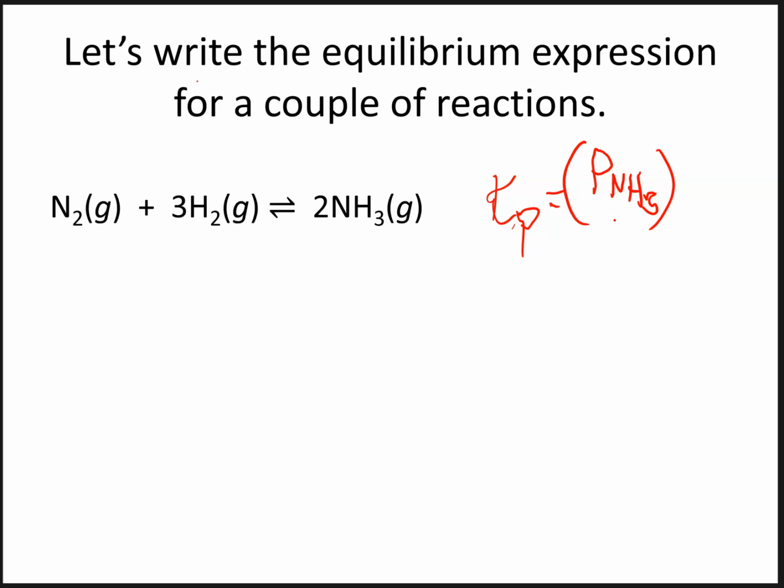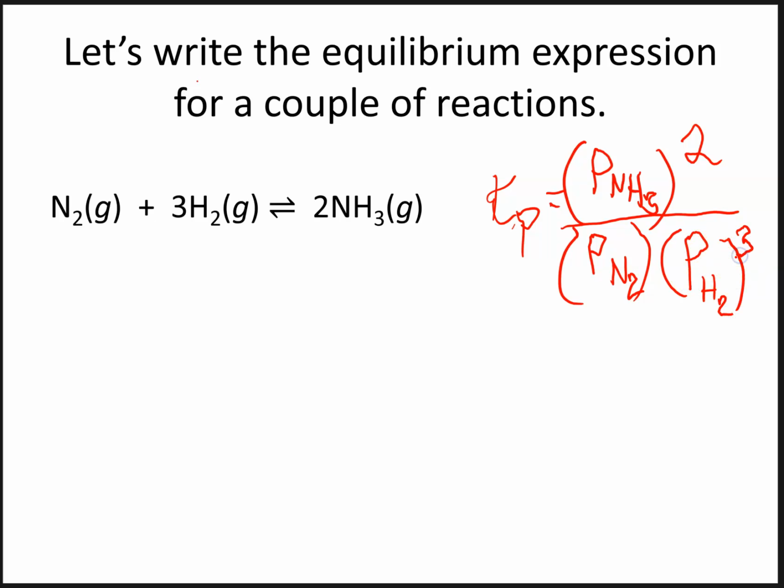And since there's a 2 in the balanced equation, we raise it to the second power, all over the pressure of nitrogen, PN2, in this case raised to the first power, and then the pressure of hydrogen, raised to the third power. And so that would be the equilibrium expression for the first reaction.